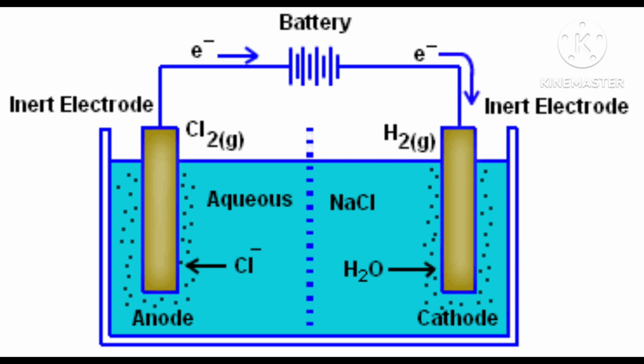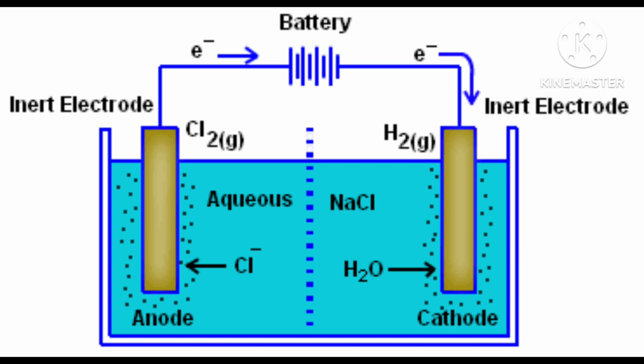If you pass the same current for the same time separately, how much will deposit on the cathode? Different metals will deposit.